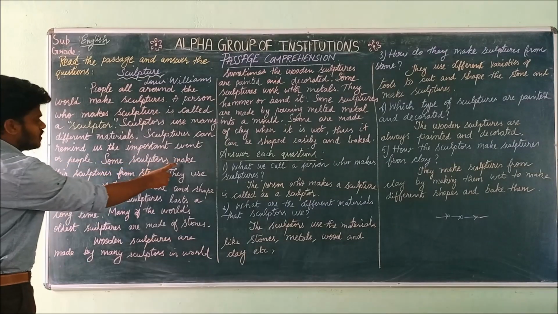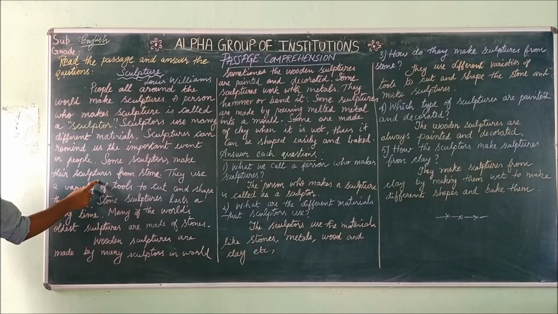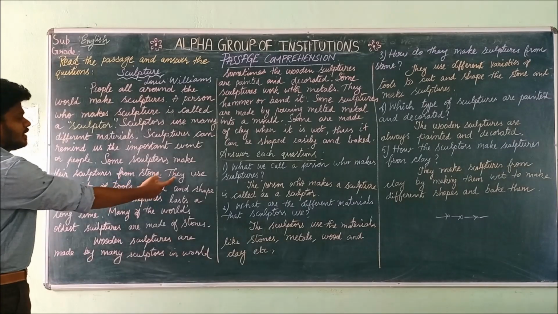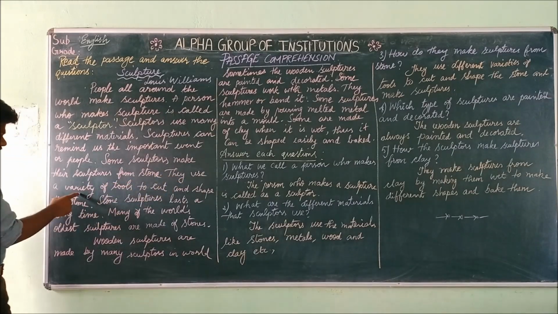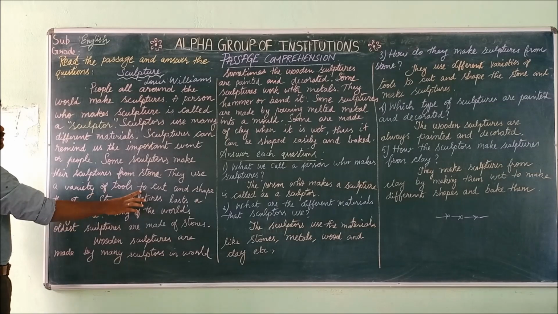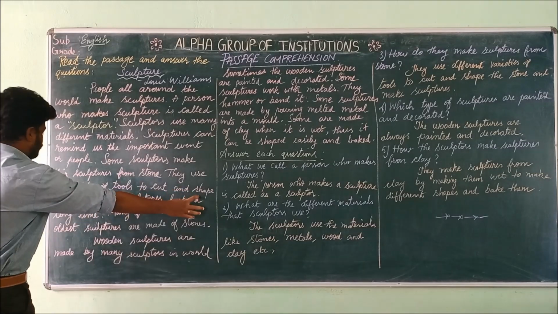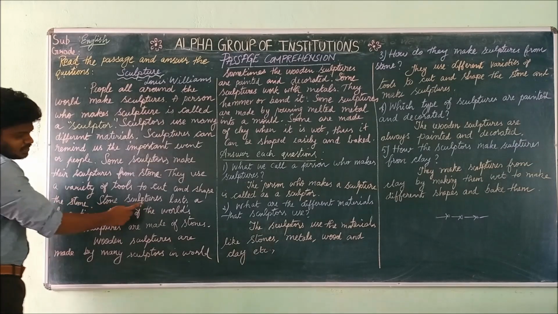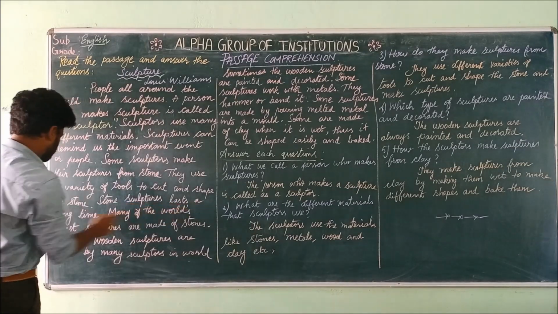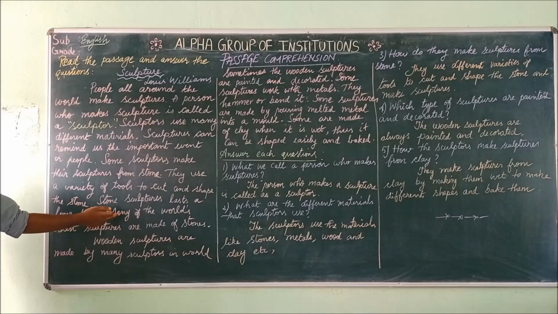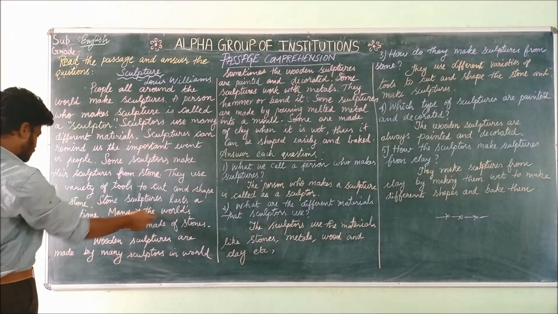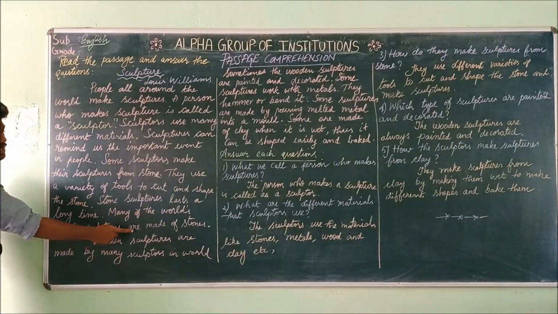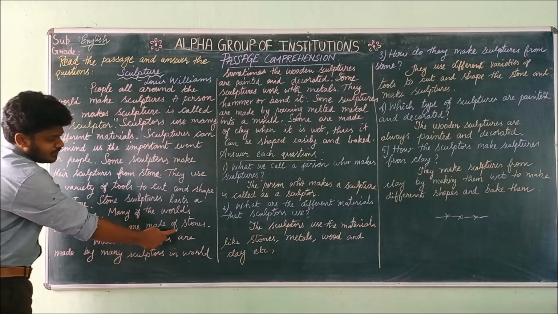Some sculptors make their sculptures from stone. They use a variety of tools to cut and shape the stone. Stone sculptures last a long time. Many of the world's oldest sculptures are made of stone.